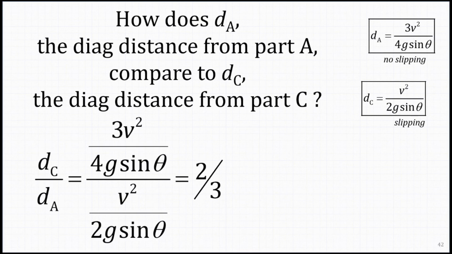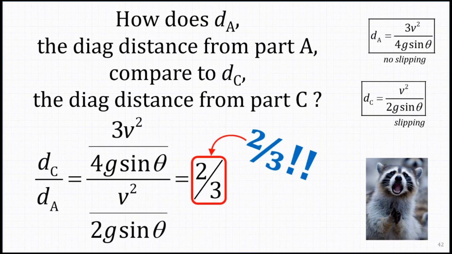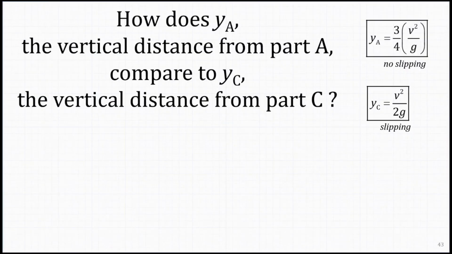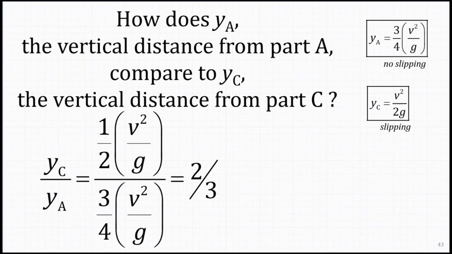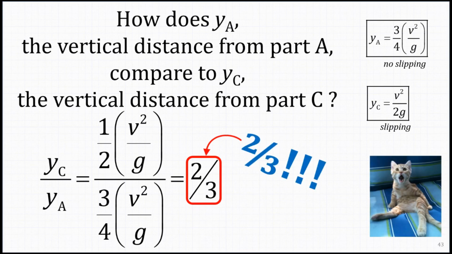Well, again, the ratio comes out to be 2/3. That's amazing. How does the vertical distance, which affects gravitational potential, for part A compare to part C? Well, we already know that it didn't get up as high the second time. So when we put this in the ratio, yep, sure enough, we get 2/3. That's astounding!